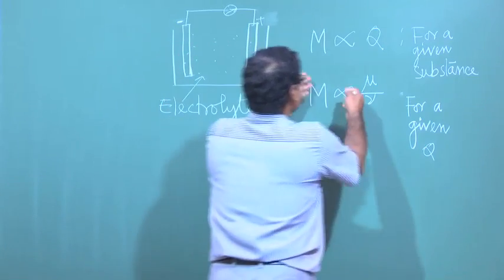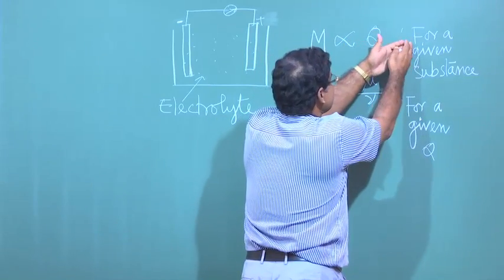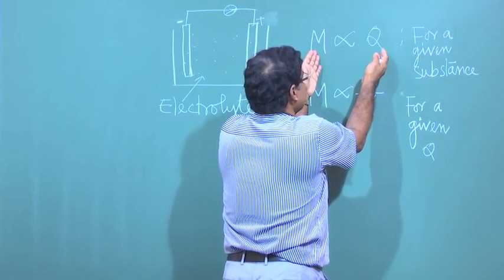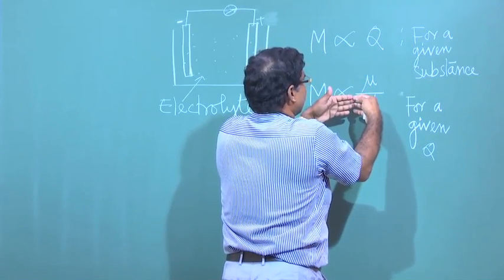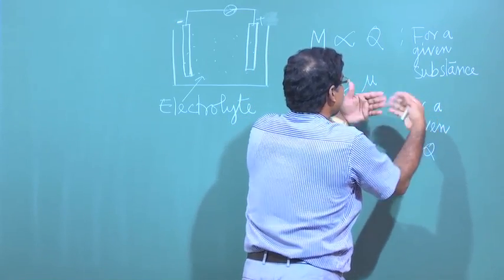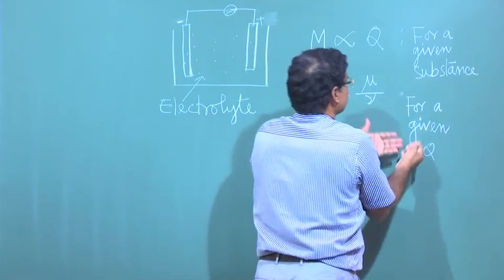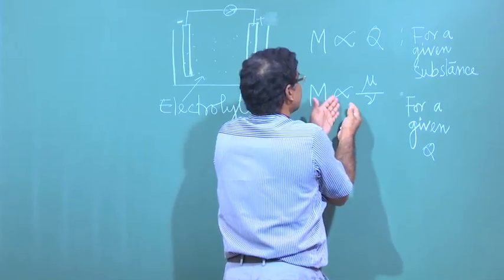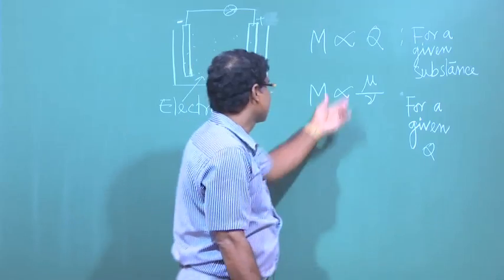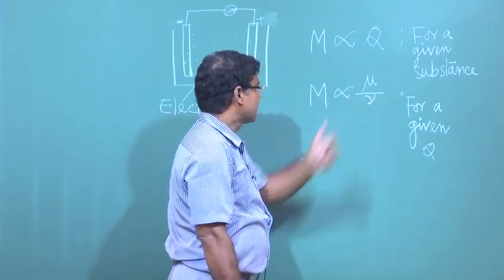For a particular substance, m is proportional to q, and for a given q, for a particular amount of charge, m for different substances is proportional to the equivalent weight, the atomic mass by valency.